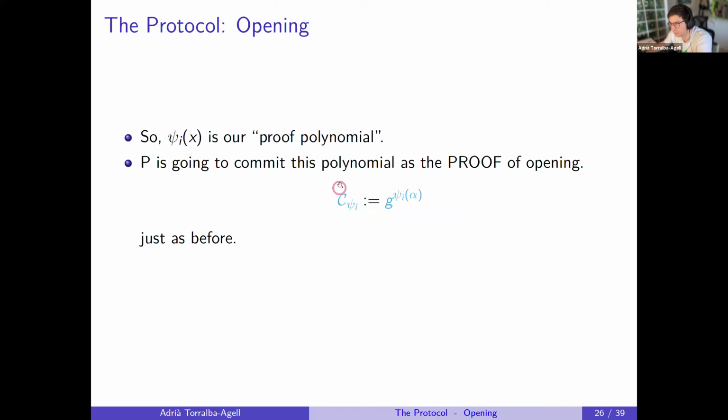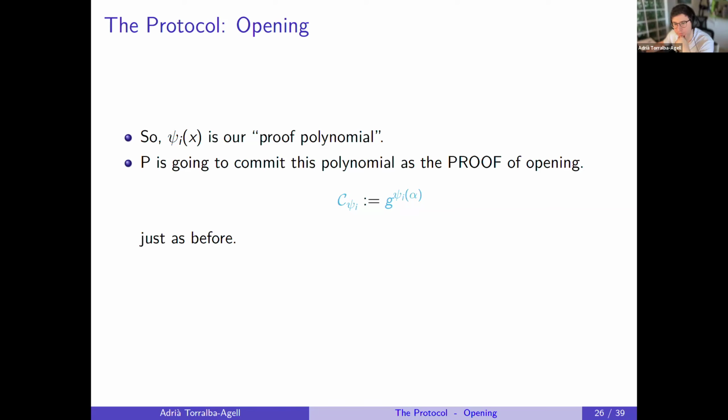The way we do that is exactly the same as we did the first commitment. If you remember, we are using the public parameters from the trusted party, and if we rearrange the coefficients of this, we can take advantage of that, and we can compute this number here without knowing what alpha is.